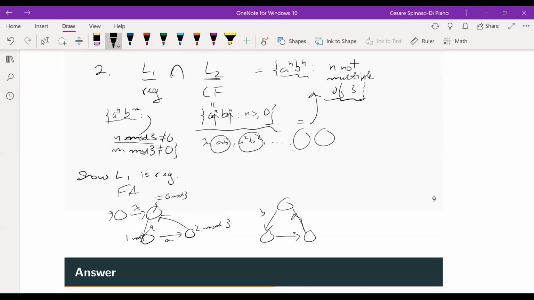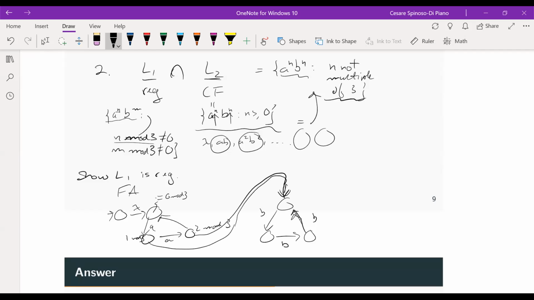It's the same machine, where this is 0 mod 3, this is 1 mod 3, and this is 2 mod 3. I'm not going to send this to here, but I am going to send this to here, and this to here.